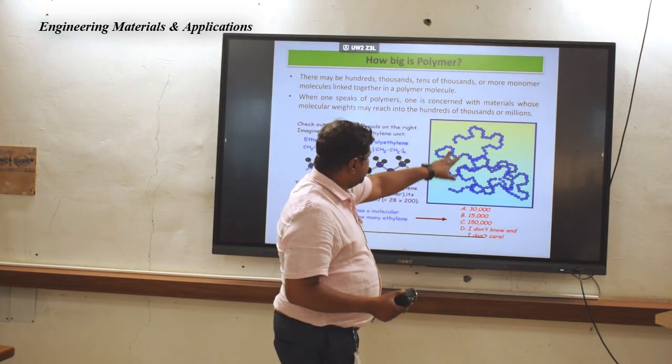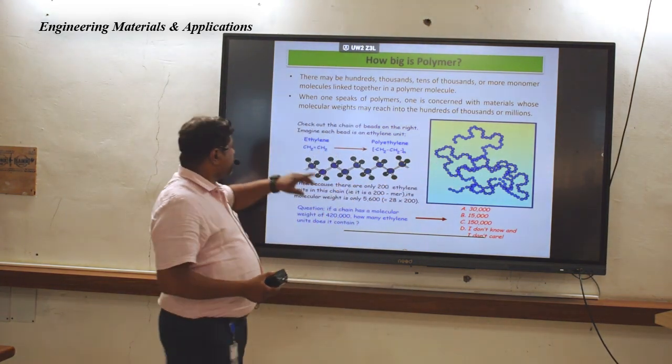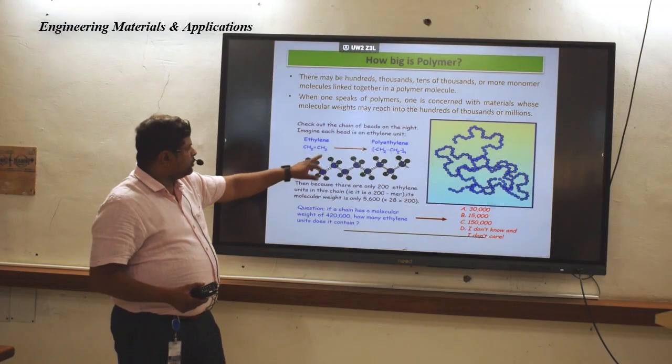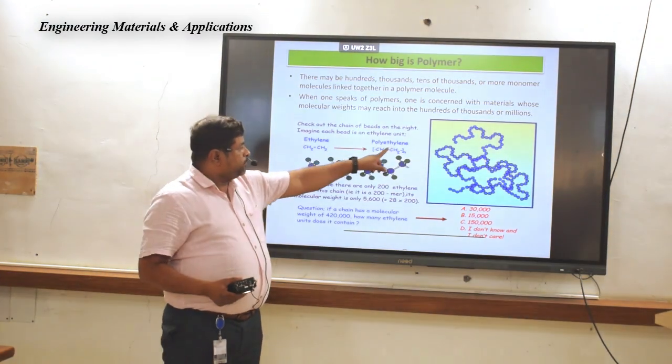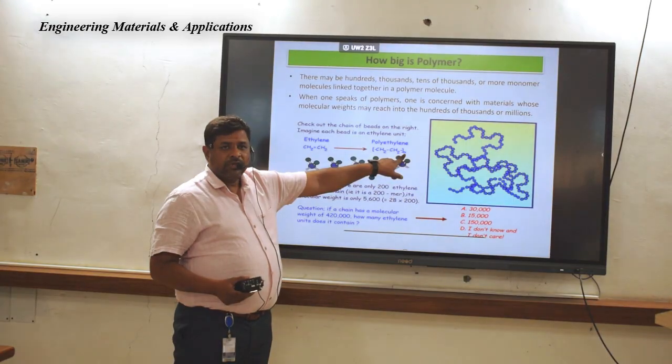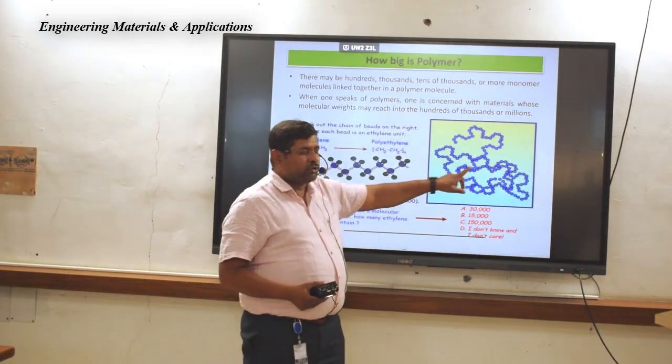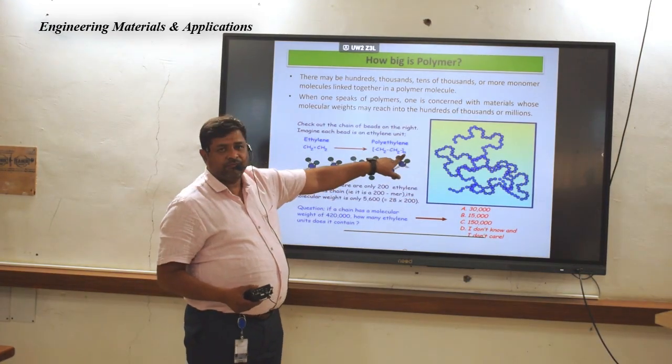This chain is given here. How is this chain going to be formed? Ethylene, CH2, comes together to become polyethylene with N number of units. So the length of this particular chain is going to be decided by this N value.